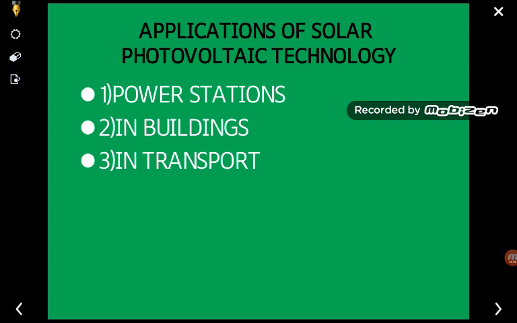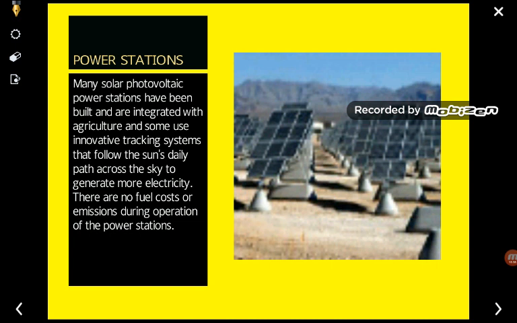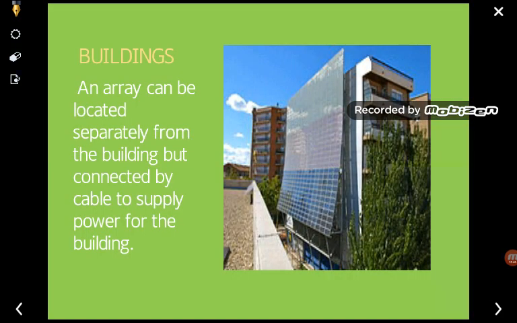So what are the applications of solar photovoltaic technology? It can be utilized in power stations, in building constructions, and in transports. So this is a picture of a power station where this electricity or this energy can be utilized.